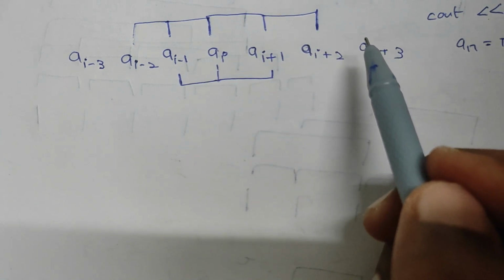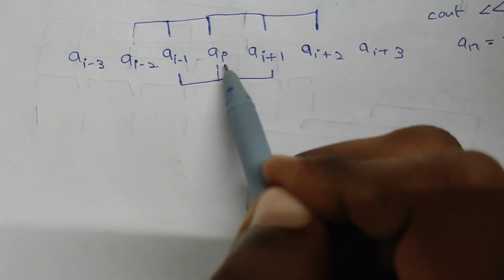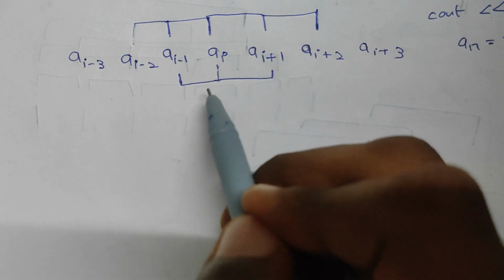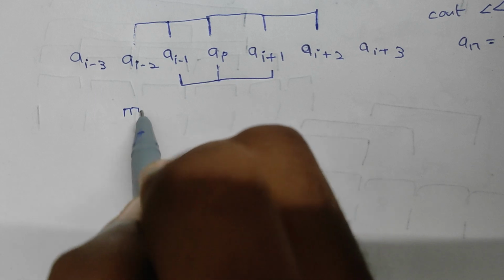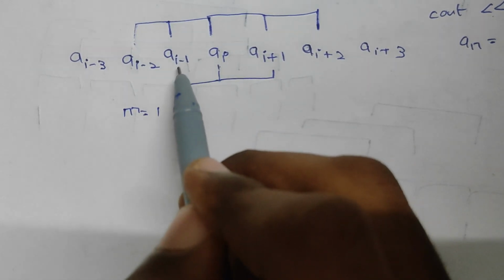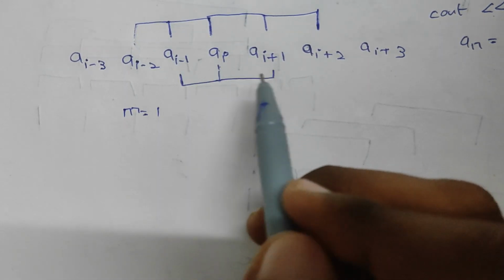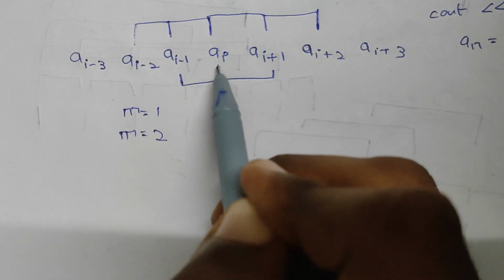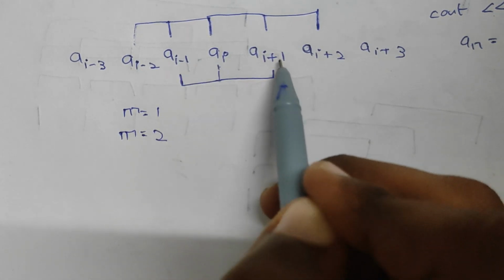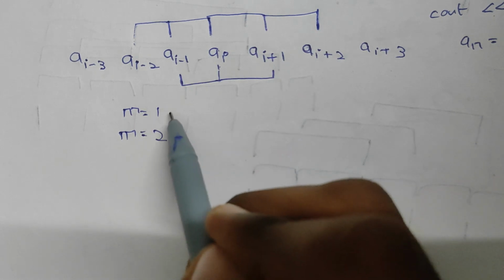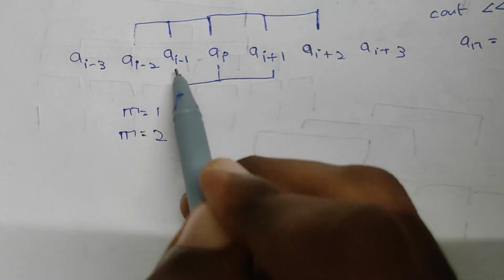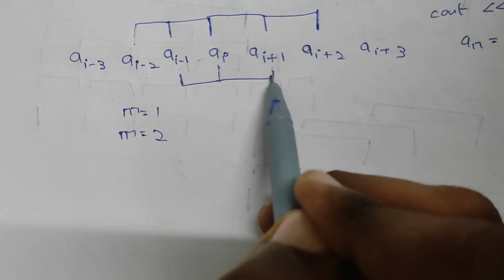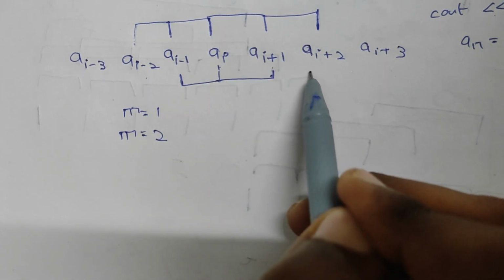So when we are doing the next operation on a_i, initially in m equal to 1, a_i will be only affected by a_(i-1) and a_(i+1). In the second operation, m equal to 2, in the previous operation a_(i-1) got affected by a_(i-2) and a_i, and a_(i+1) got affected by a_i and a_(i+2).